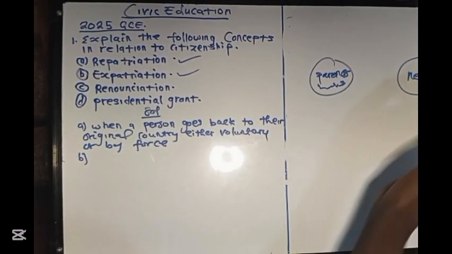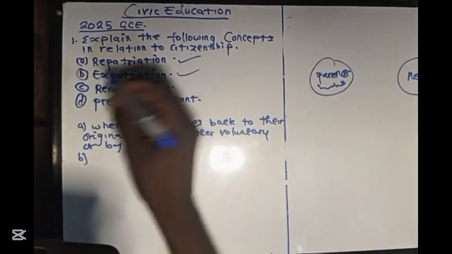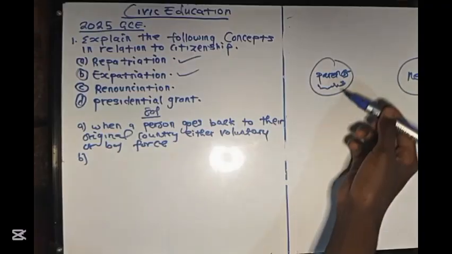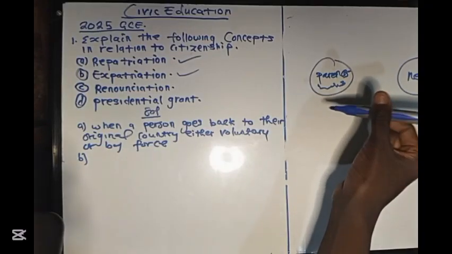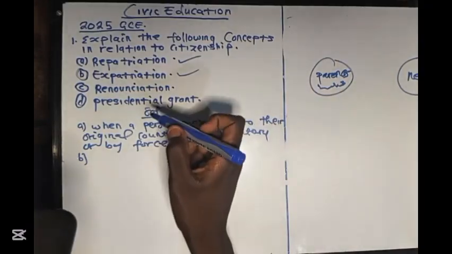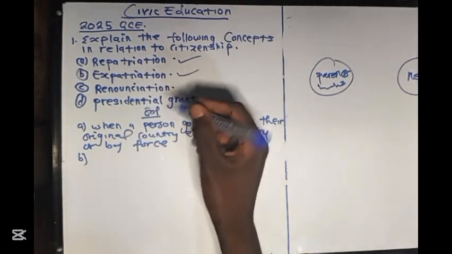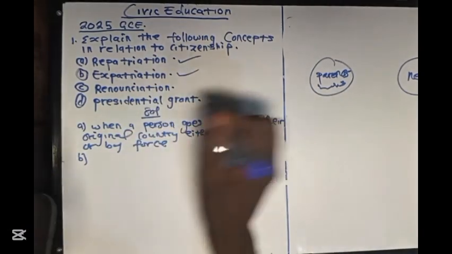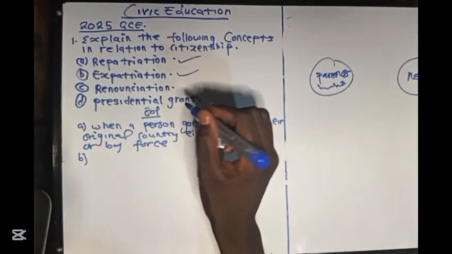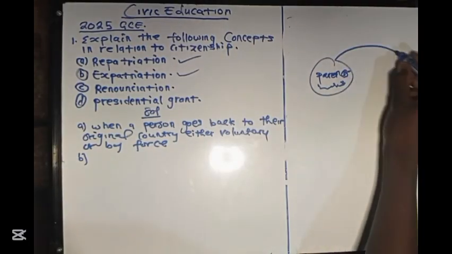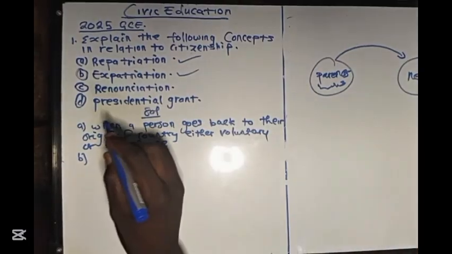This boy has been given a curfew to be coming back home at 18 hours. But this boy decides to be breaking the rule, not once, not twice, but several times. So the parents decide that we are going to chase you out of this house. You will be living at our neighbor's house.